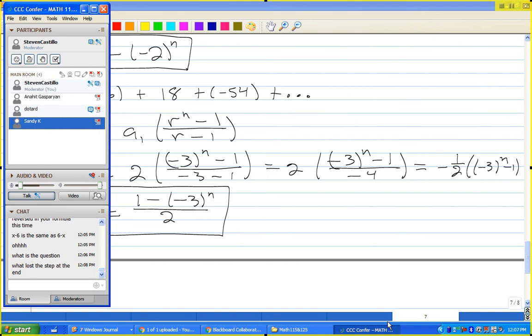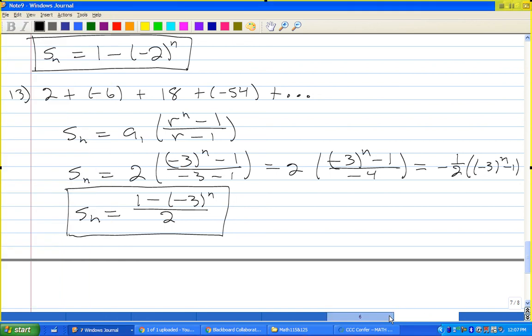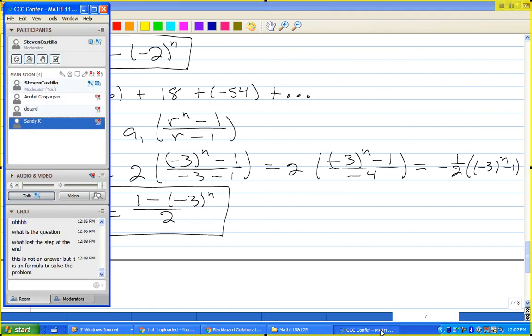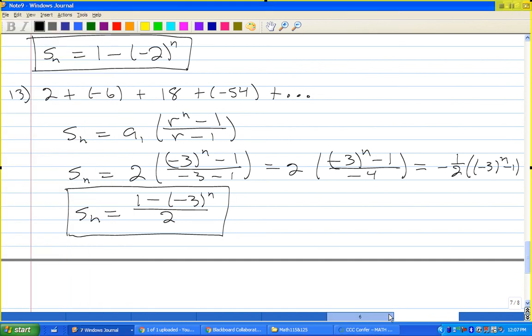Yes, that is correct. In the question, it says to find a formula for the sum of the first n terms.